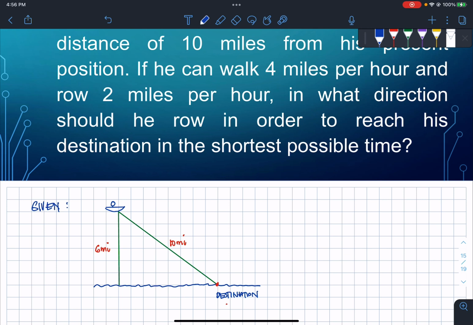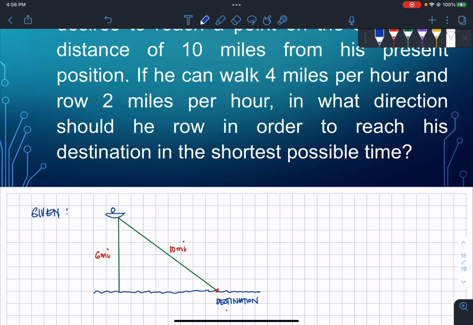If he will row the entire 10 miles, he rows 2 miles every hour. So that means it will take the man about 5 hours. So this is the path he would follow, the direct rowing.